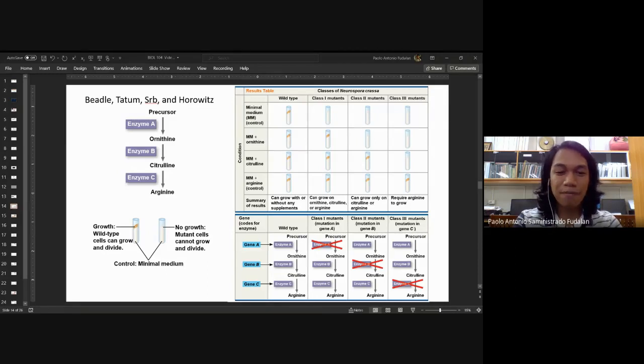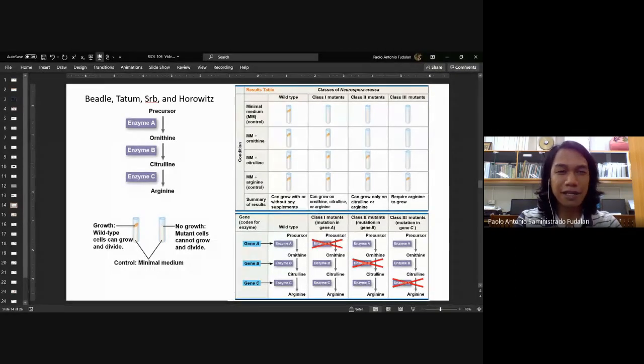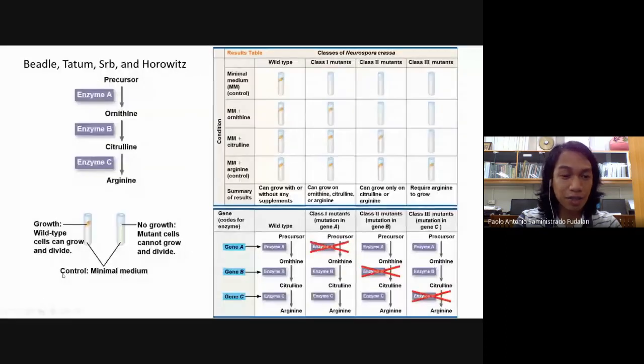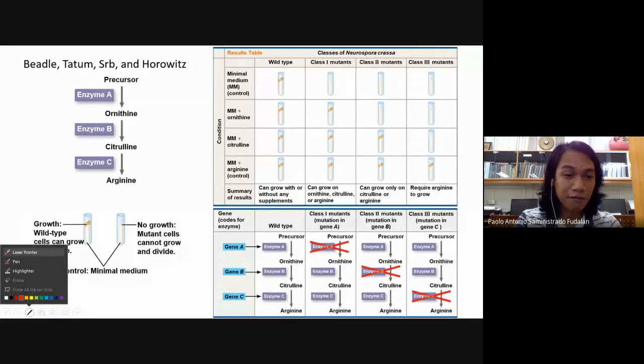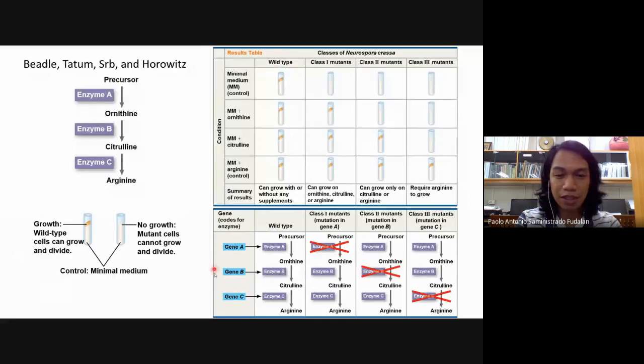So from the illustration here in this slide, I'll go back to this. So, genes are found in DNA. This gene is from DNA. So when Beadle and Tatum and colleagues exposed their bread mold to X-ray, some of the genes got destroyed. There's mutation.